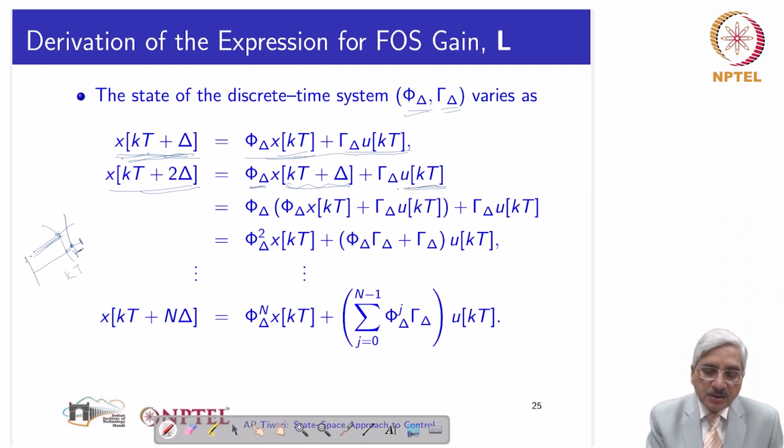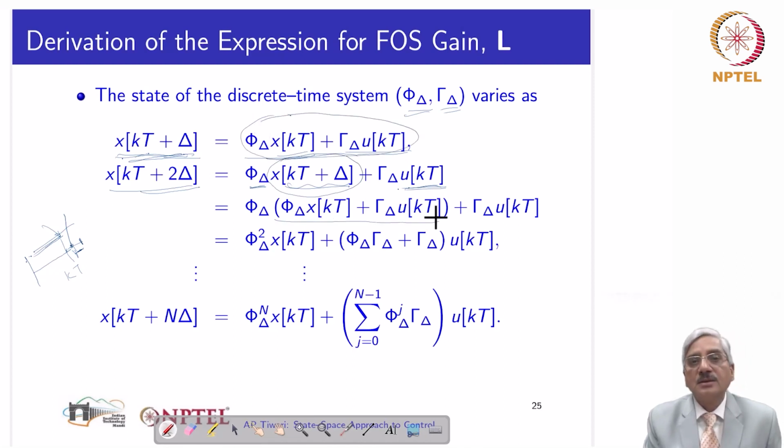And here we substitute the expression written here, and then we simplify, so we get x kt plus 2 delta equal to phi delta square x kt plus phi delta plus gamma delta whole thing multiplying u kt.